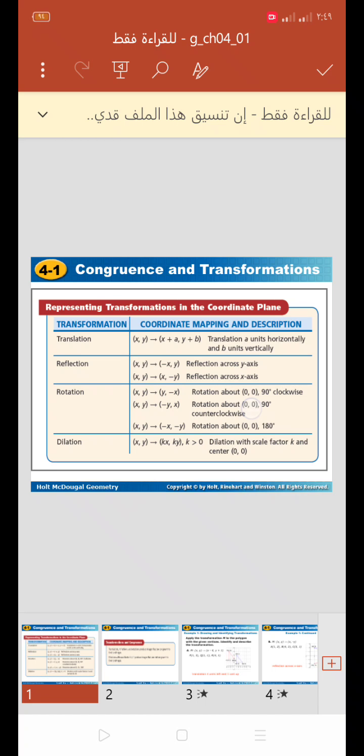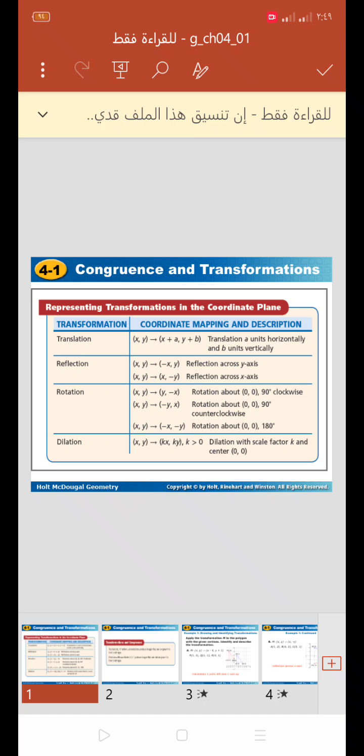For 90 counterclockwise, you swap again between y and x, but you change the sign for y. If the rotation about (0, 0) is 180 degrees, only change the sign for x and y.